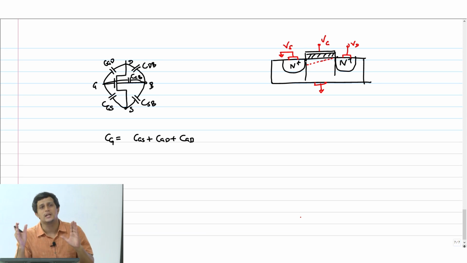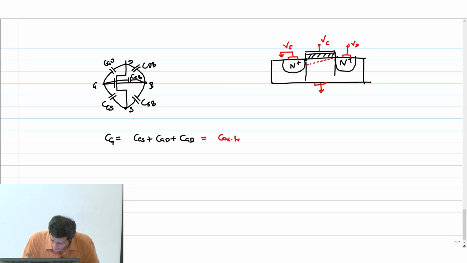So there will be an uneven distribution of capacitance in this kind of region. So what I am saying is the total capacitance CG, which is a sum of CGS plus CGB plus CGD, is just C aux into W into L.